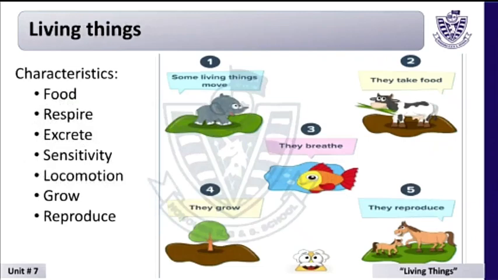There are some characteristics which make living things different from non-living things. These characteristics are: all living things need food, they can respire, excrete, all living things have sensitivity, they can move, they can grow, and they can reproduce.